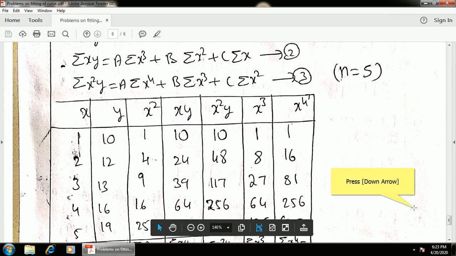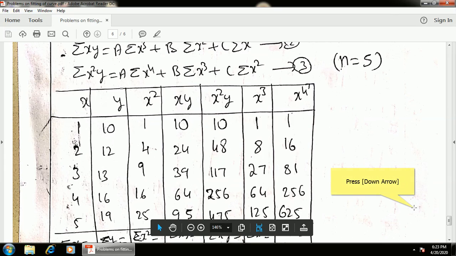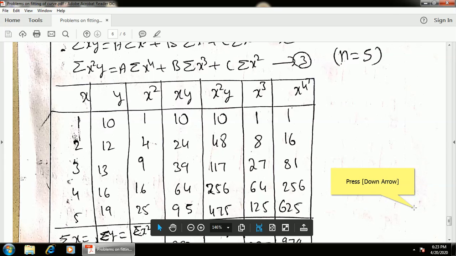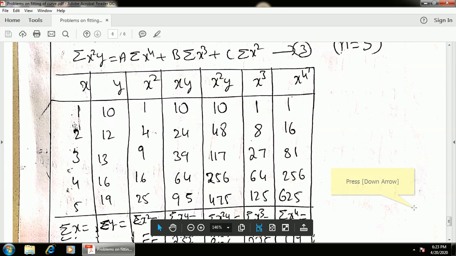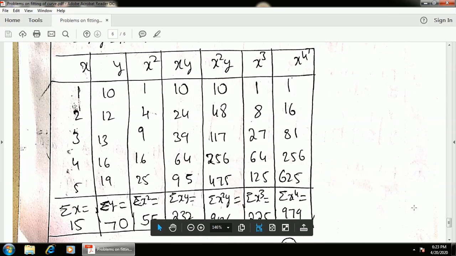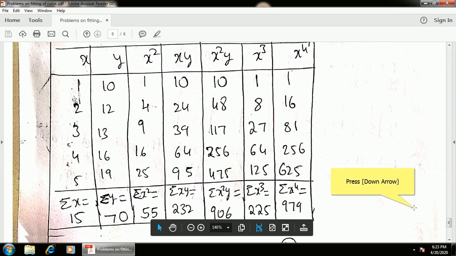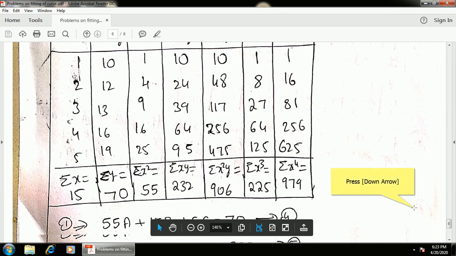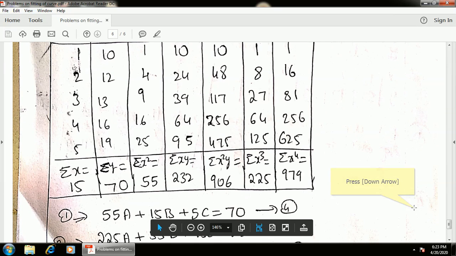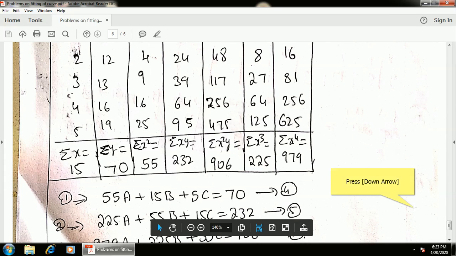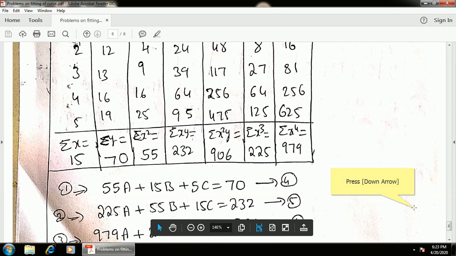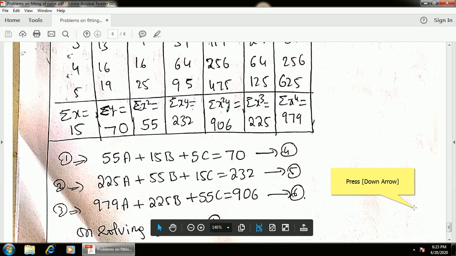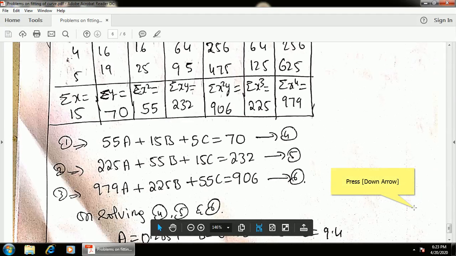Substitute those values into the equations.